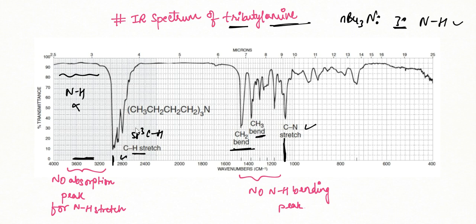So these are our major values in the IR spectrum of tributyl amine. No nitrogen hydrogen stretching. A very simple carbon nitrogen stretching is only observed extra, because the CH stretching, CH2 bending, CH3 bending is all for the hydrocarbon chain basically.